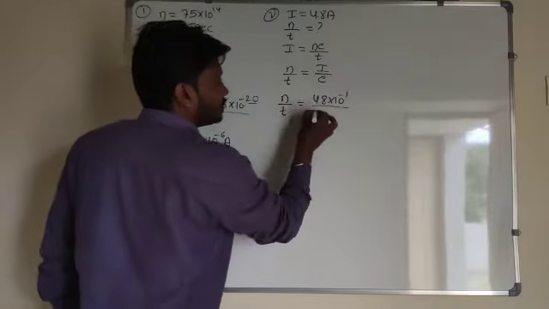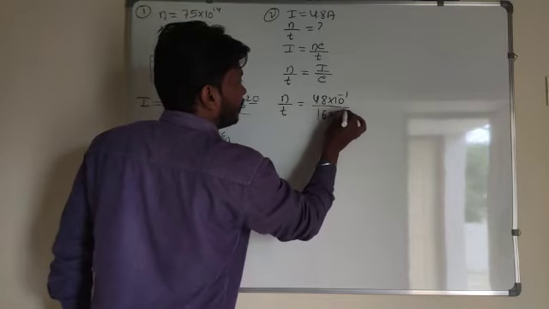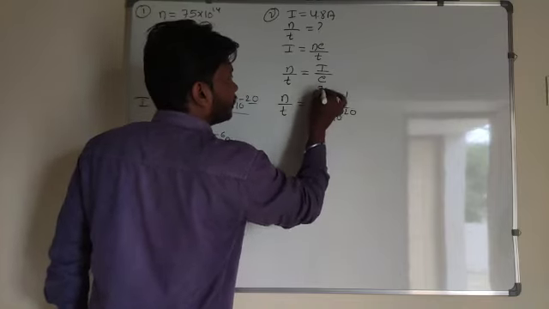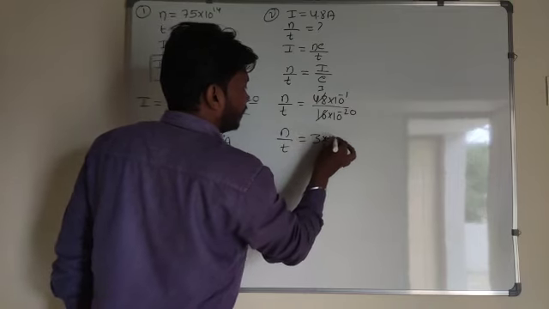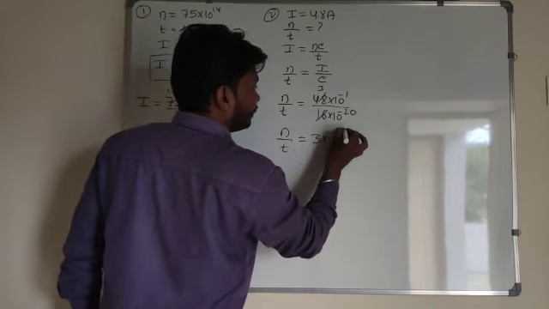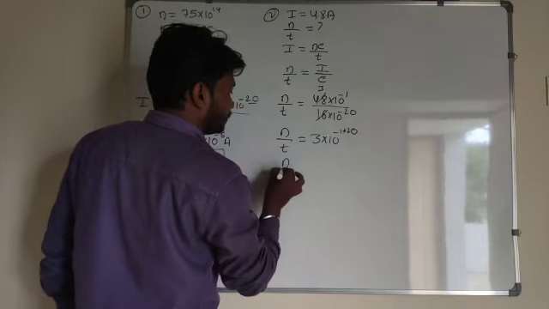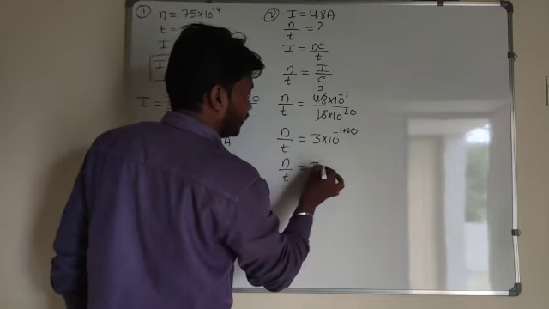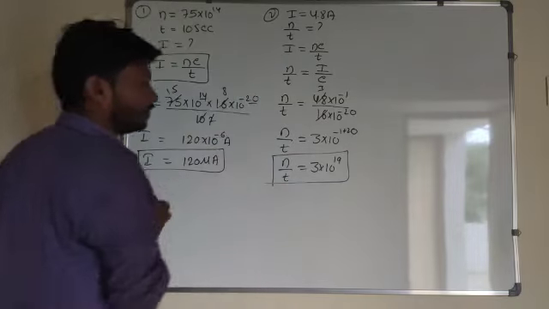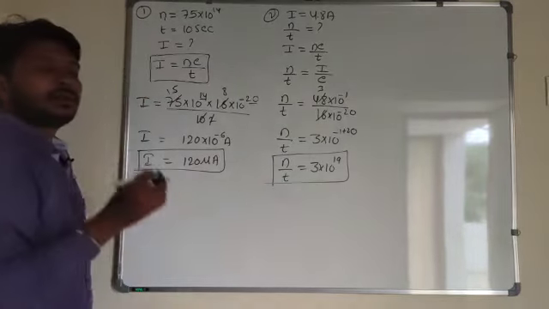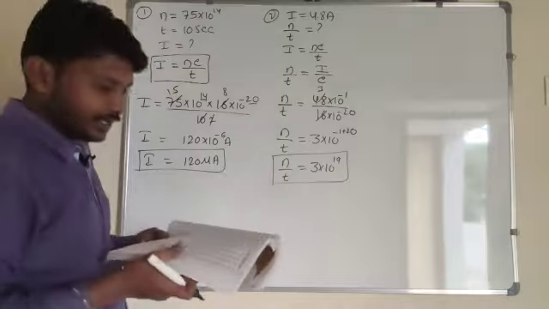Charge on the electron is 16 into 10 to the power of minus 20. So n by t is 3 into 10 to the power of minus 1 plus 20, so n by t is 3 into 10 to the power of 19. The number of electrons per second will be 3 into 10 to the power of 19.